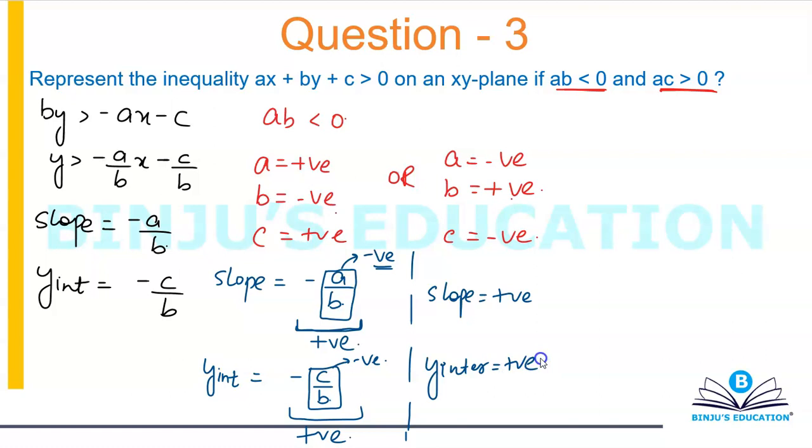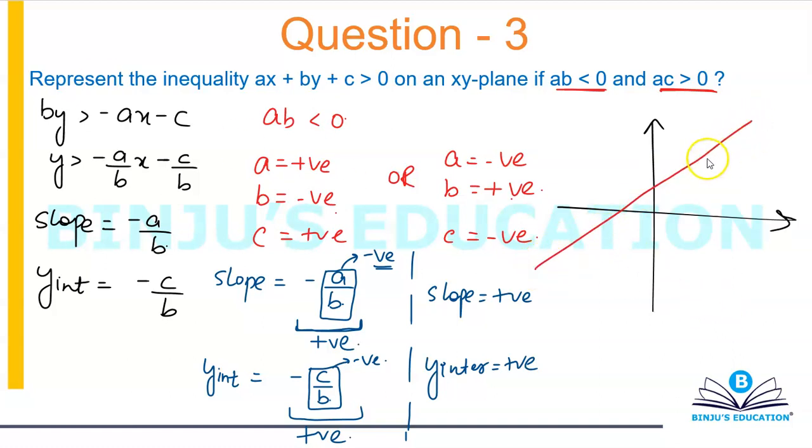Which means there is only one case. That is slope positive and intercept also positive, which means the line would be something like this. This would be your line.